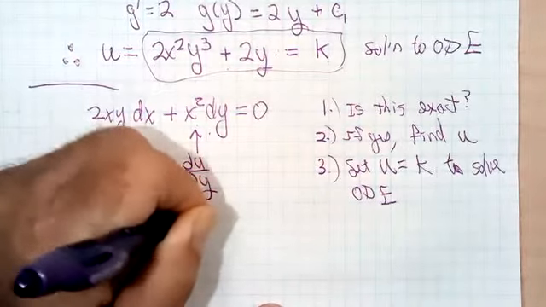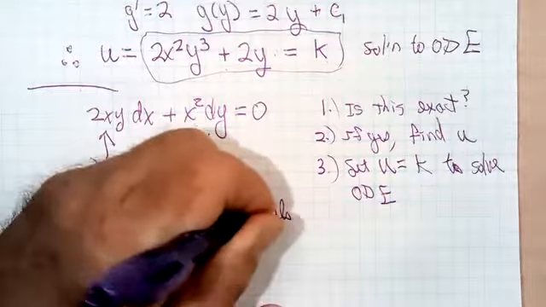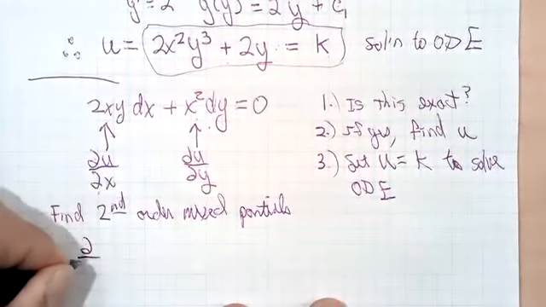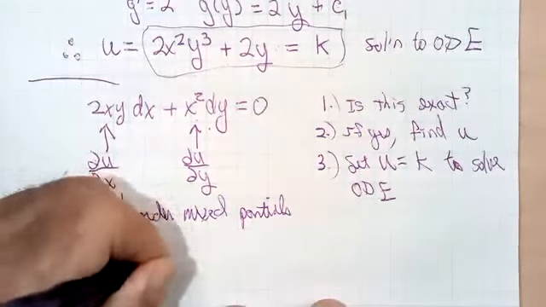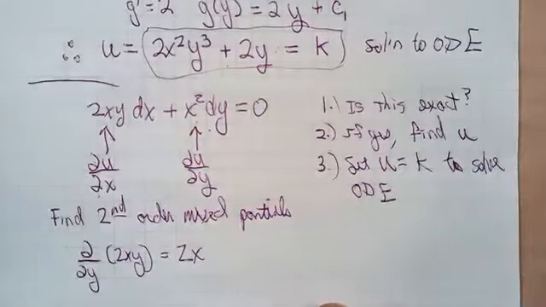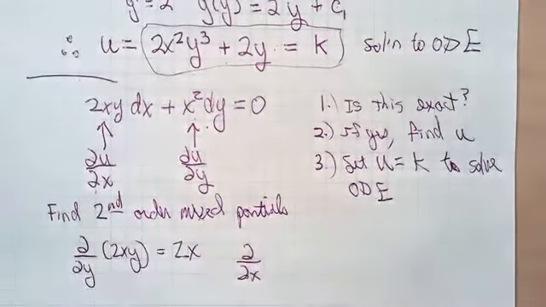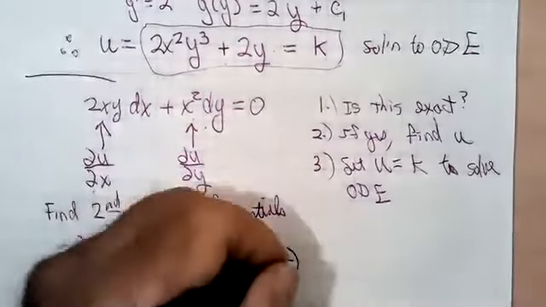mixed partial derivatives, I mean by that. So I'm going to take the partial with respect to y of 2xy. And I get 2x. And I'm going to take the partial with respect to x of x squared. And I get 2x.